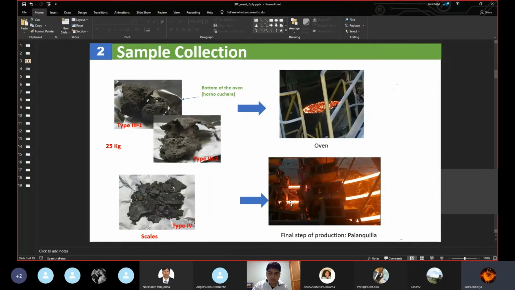As you can see, this black layer. So to characterize the different slags.